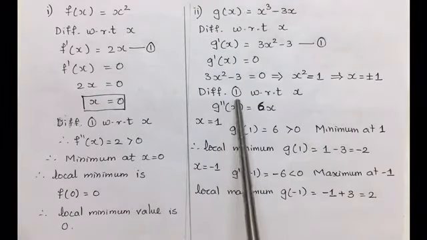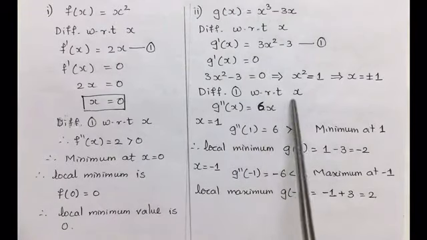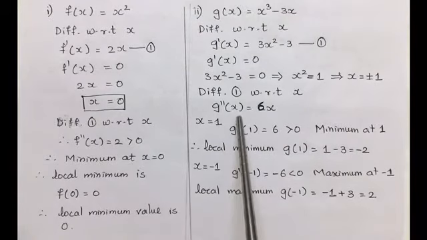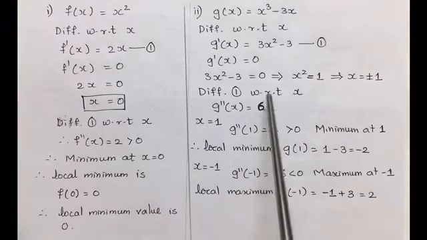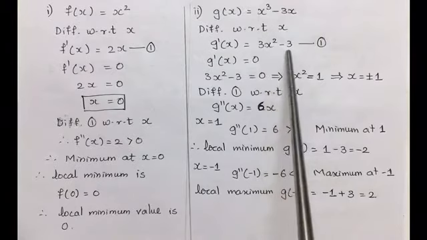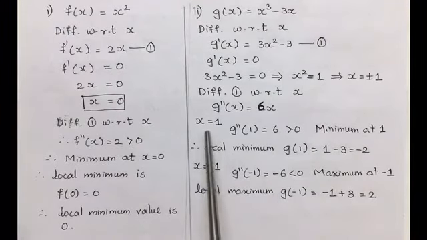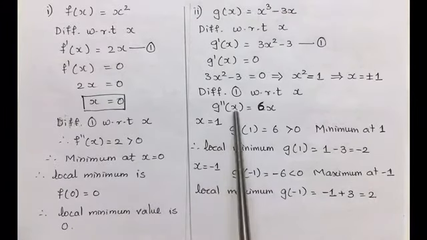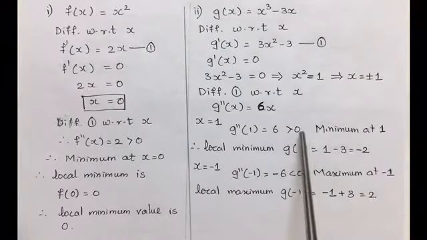Now to check whether maximum or minimum, we differentiate 1 with respect to x to calculate the second derivative. So g double dash x is equal to 6x, the derivative of 3x square minus 3. Now keeping the value of x as 1 in the second derivative, we get g double dash 1 is equal to 6, which is a positive number.